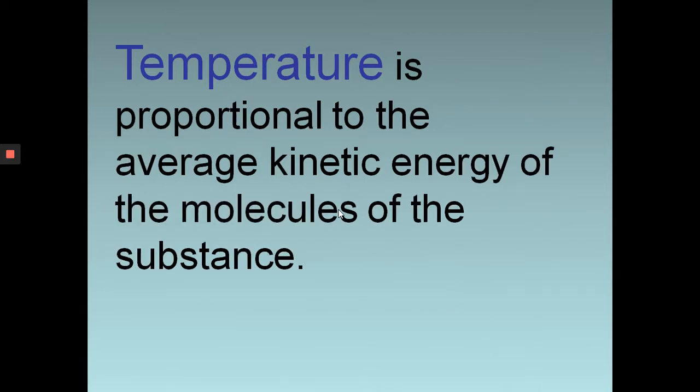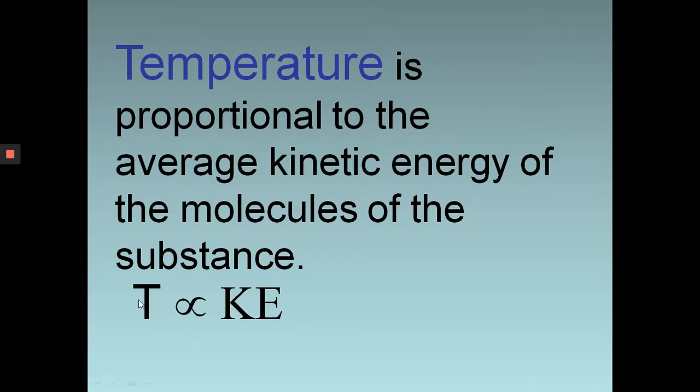Temperature is directly proportional to the average kinetic energy of the molecules of the substance. Okay, if particles, especially gas particles, are under higher temperature, they're going to possess more average kinetic energy.